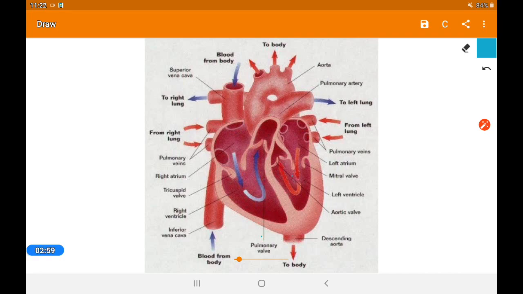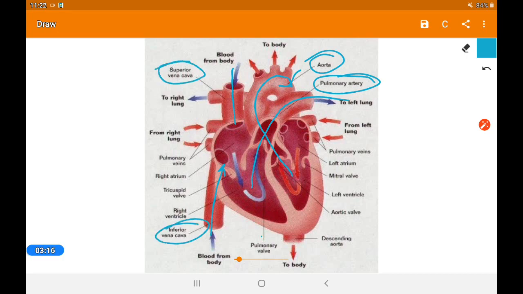In bloodlines, you have to remember the aorta, the pulmonary artery, these two, and the superior and the inferior vena cava, and the pulmonary veins from both sides.